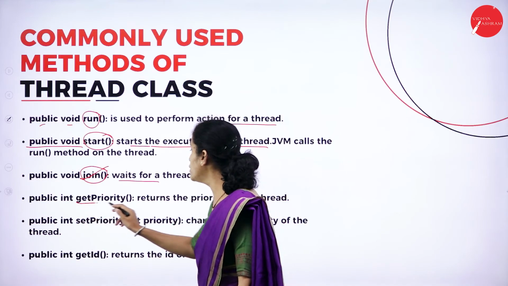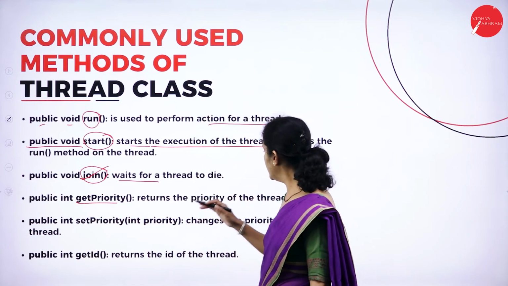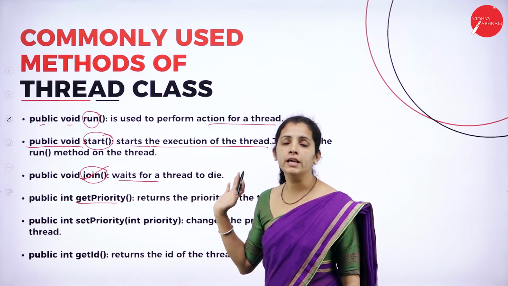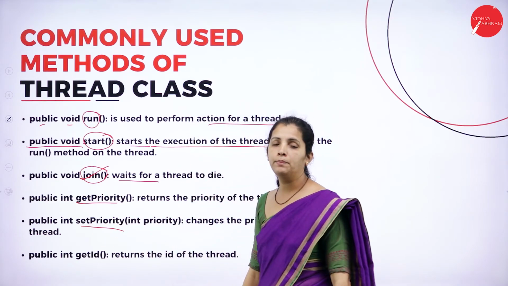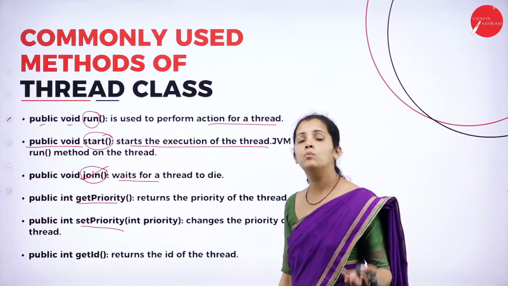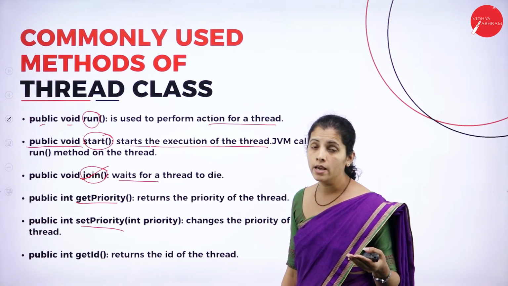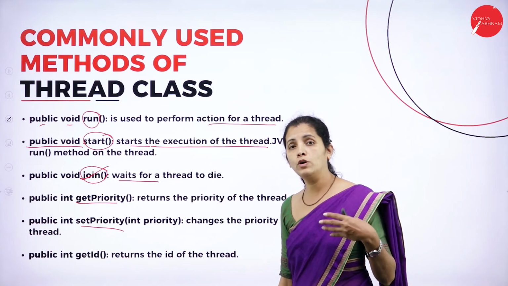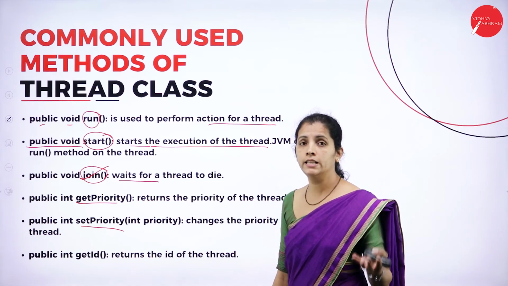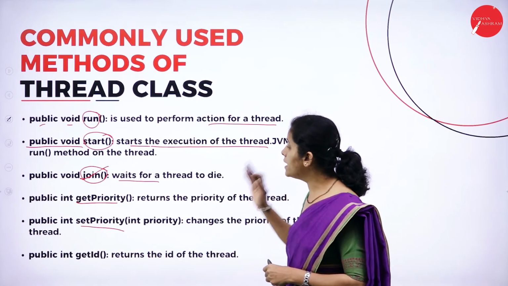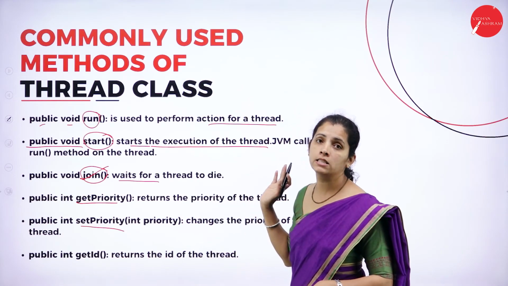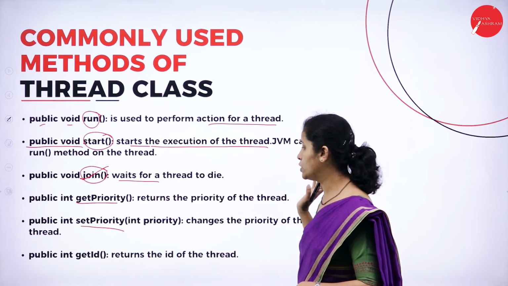Then getPriority returns the priority of the thread. And setPriority, that means when we have more than 2 or 3 processes and they want to execute simultaneously, in that situation we can set the priority. Based on the priority, the threads execute.